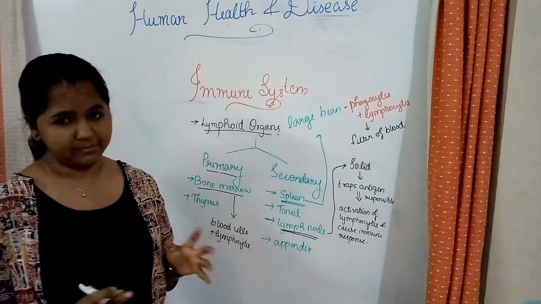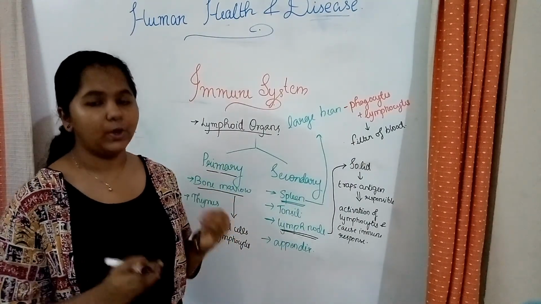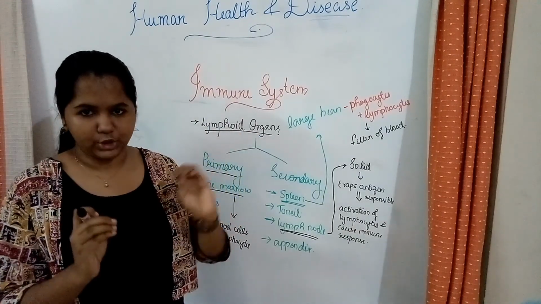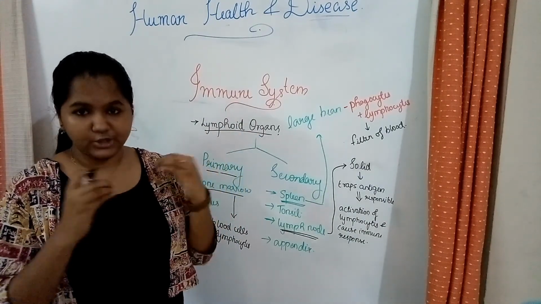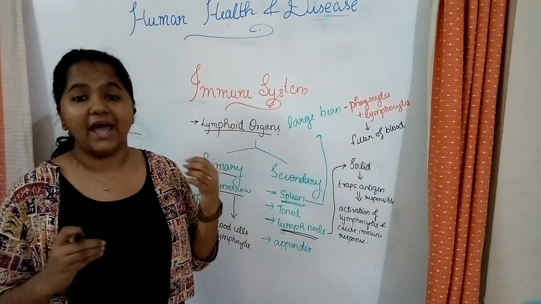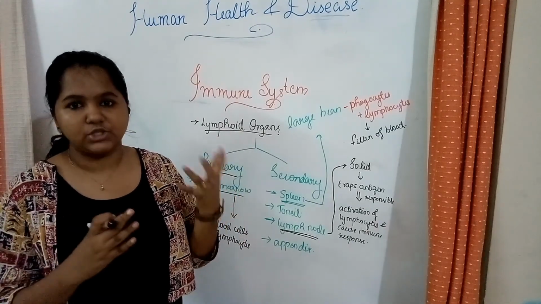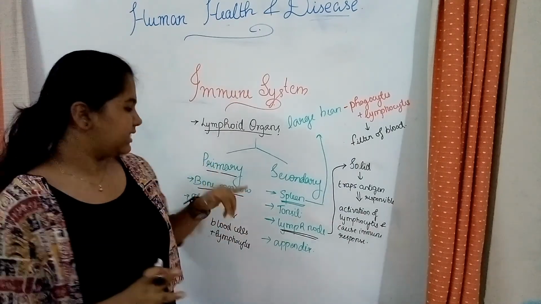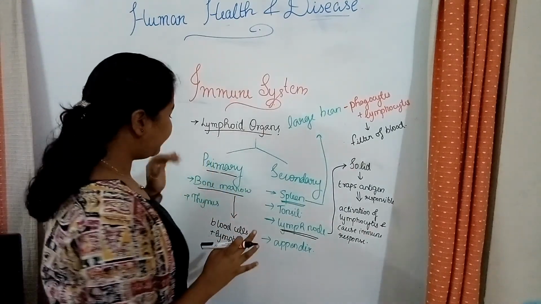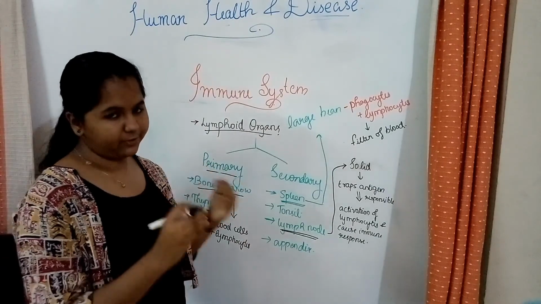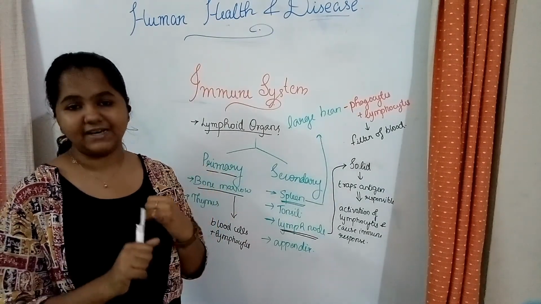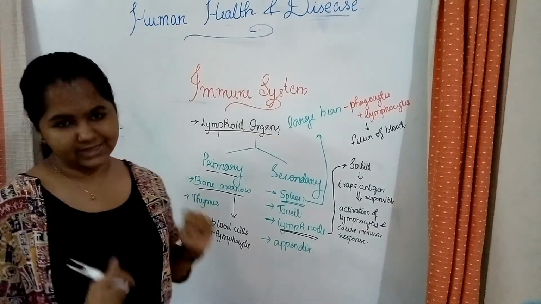So what do the primary lymphoid organs do? When these immature lymphocytes come, they differentiate them to make them resistant to antigen. That is what is happening over here. In the primary lymphoid organs, there are two lymphoid organs, the main ones being the bone marrow and the thymus.